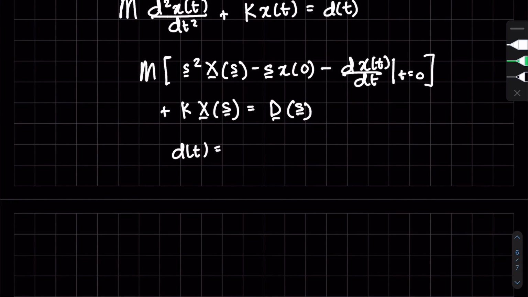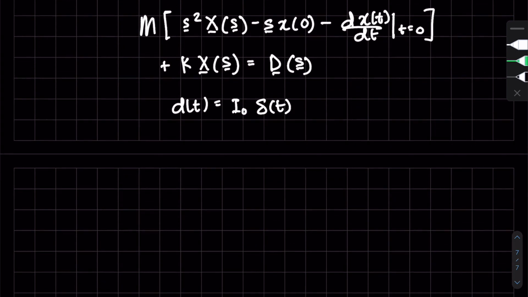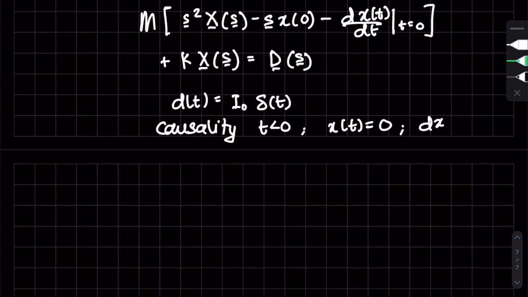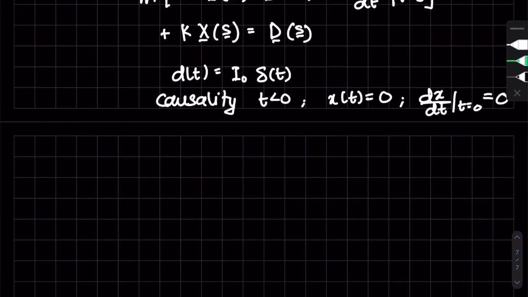Now if we assume d of t is again the ideal impulse, I naught times delta of t. Again, causality will argue that for t less than 0, x of t should be 0, and the first derivative of x with respect to t should be 0.